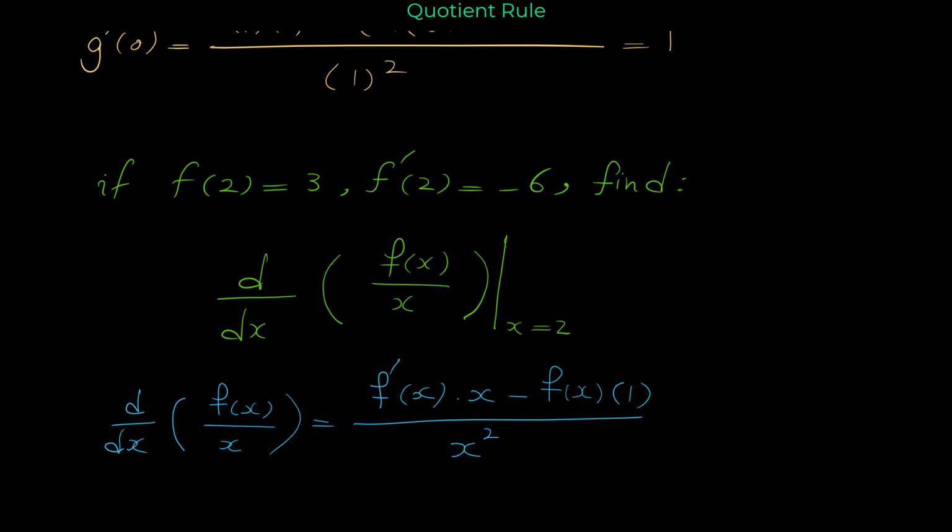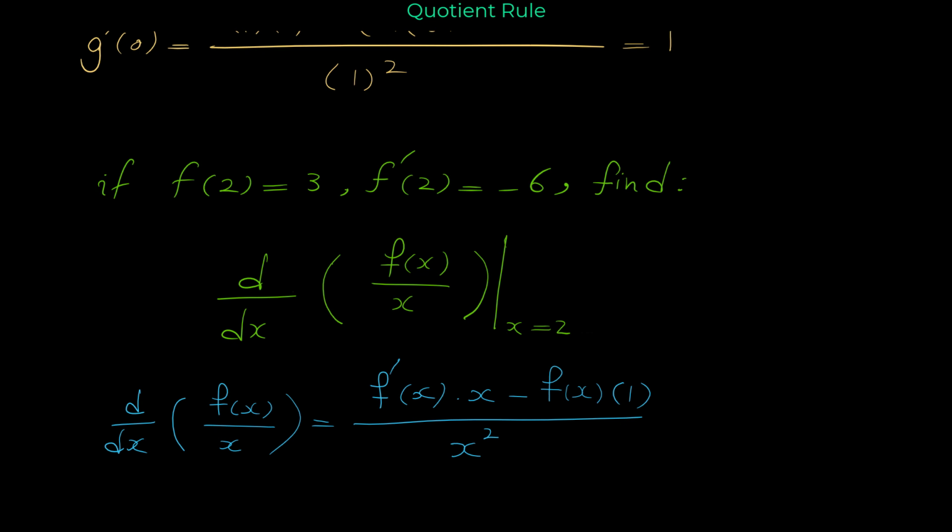Now we have to plug in 2 for x. When we draw a vertical line like this and put a number here, this means substitute that number for that variable. This is again a notation.